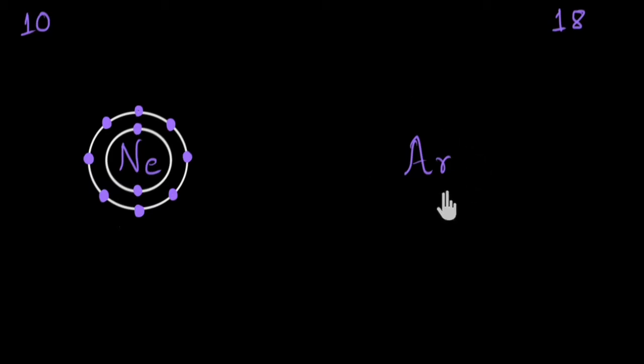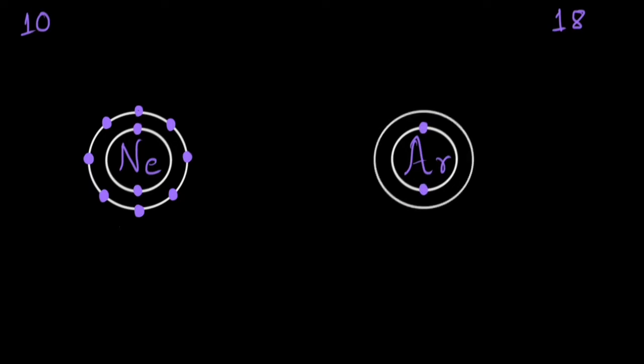Now let's see how these electrons go around in shells. In the first shell or the K shell, we can have a maximum of 2 electrons. In the second shell, you can have a maximum of 8 electrons. So far we have 2 plus 8, 10 electrons. 18 minus 10 leaves us with 8 electrons.